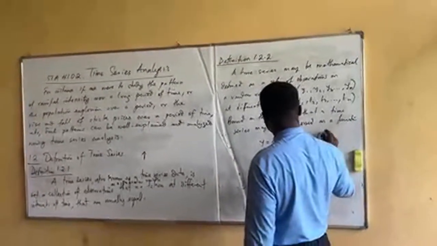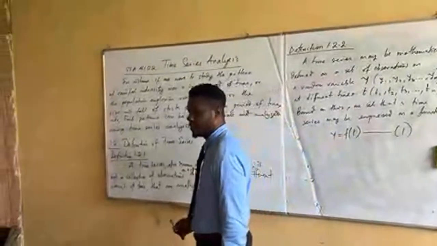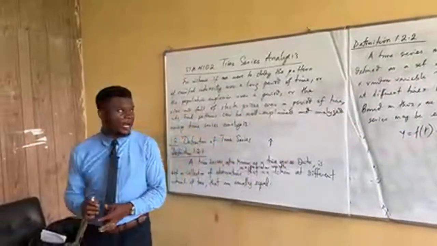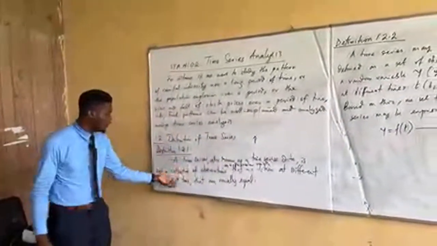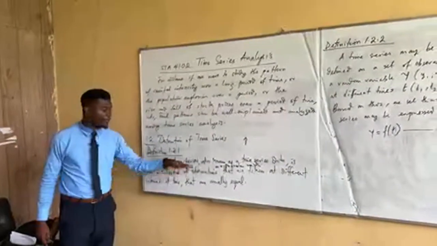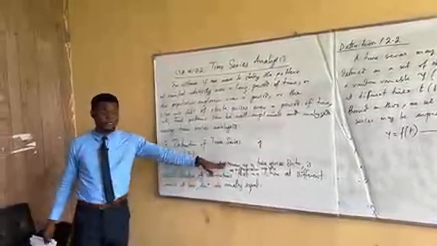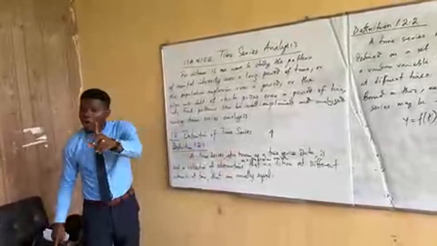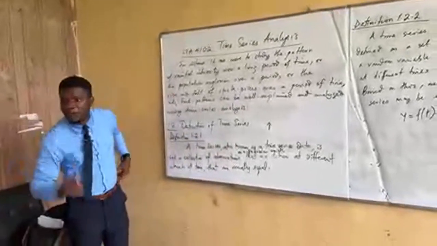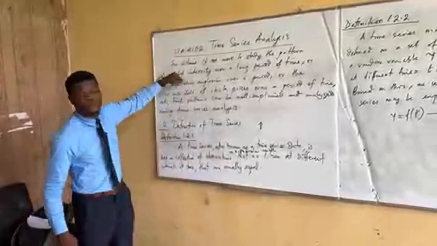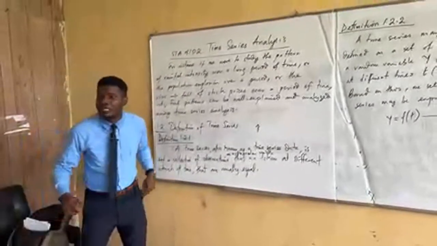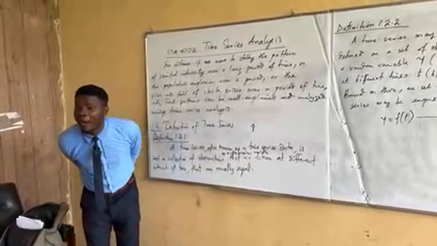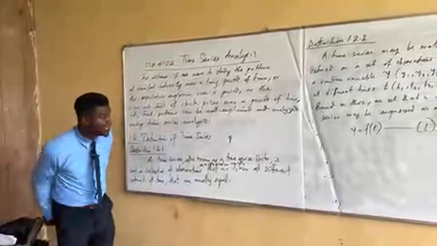Let's call this equation 1. If we use this collection of observations on a particular variable, and we call the variable y, for example, the one on rainfall intensity, let y represent rainfall intensity.